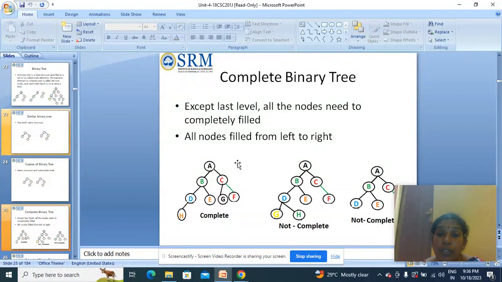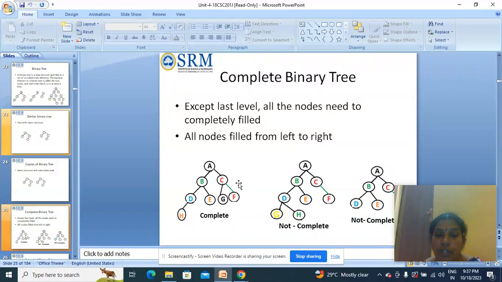Here, one more terminology is important: complete binary tree and full binary tree. You all know that a binary tree means every node contains at most two children. A complete binary tree means we have to fill the nodes from left to right. You take the root node A, and then you fill the left of A first.